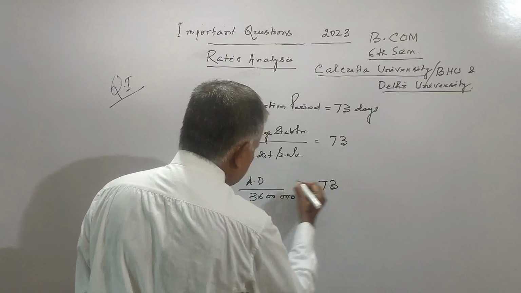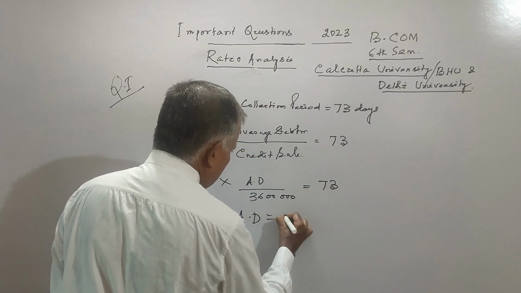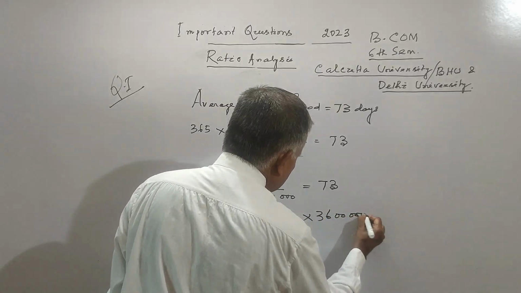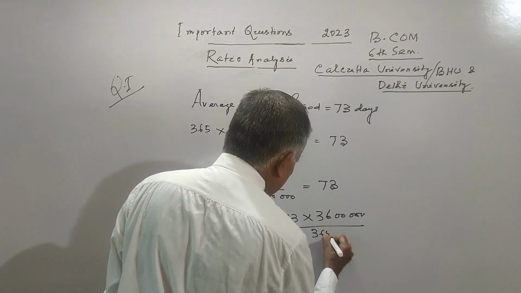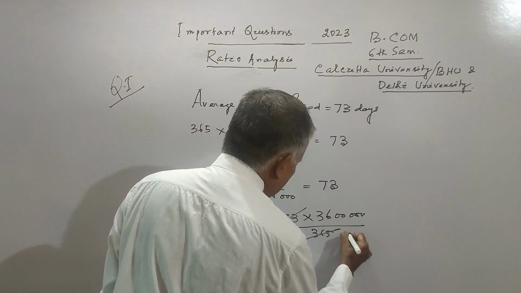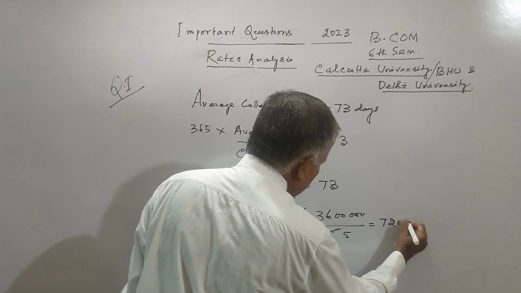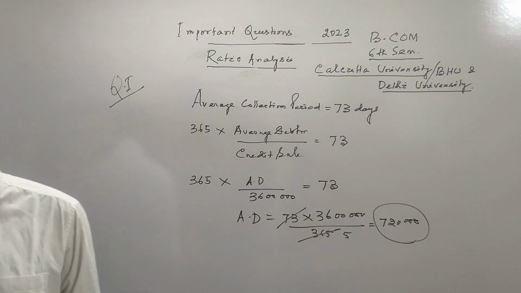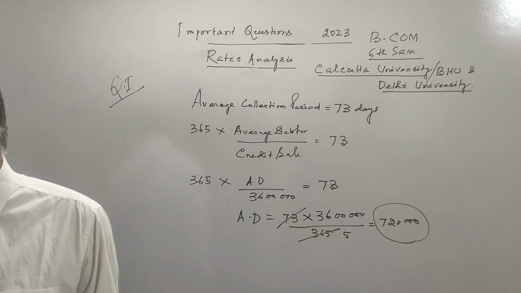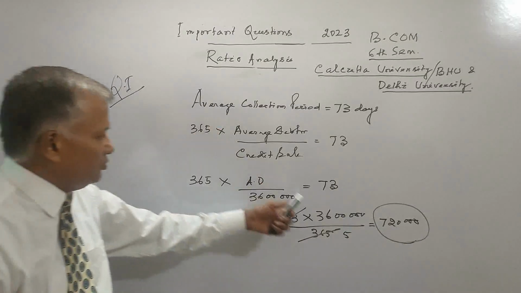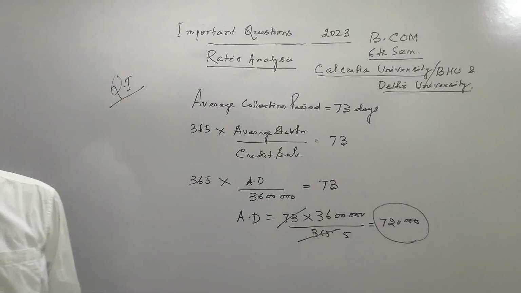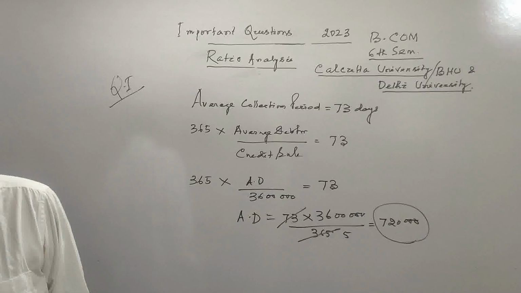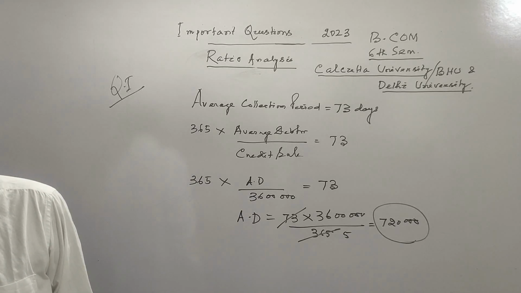Average debtor is equal to 73 into 36 lakh divided by 365. This is 7,20,000. Opening and closing debtor are not given, therefore we assume this is the closing debtor, 7,20,000.